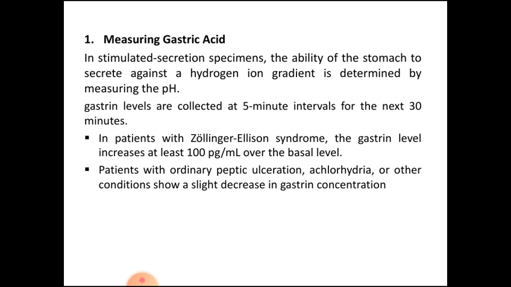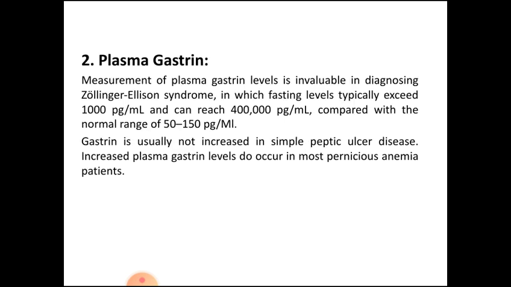In patients with Zollinger-Ellison syndrome, the gastrin level increases at least 100 picogram per ml over the basal level. Patients with ordinary peptic ulceration, achlorhydria, or other conditions show a slight decrease in gastrin concentration. This is to compare with Zollinger-Ellison.